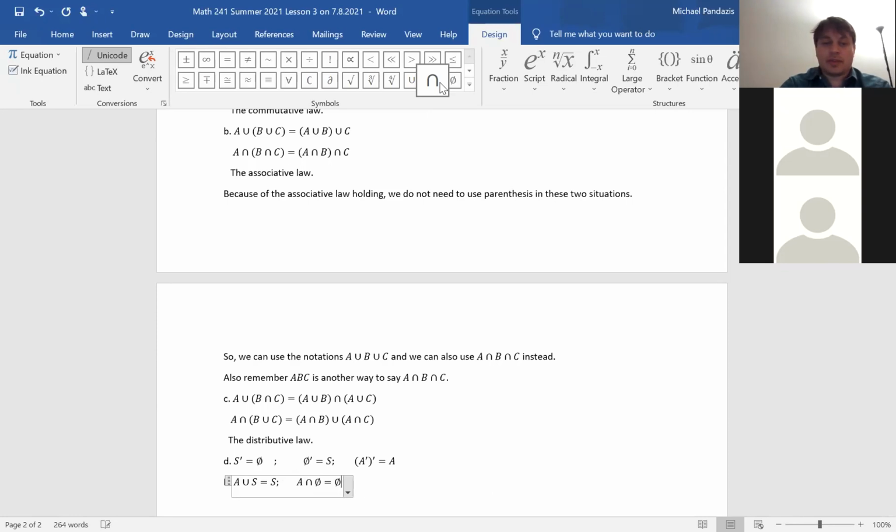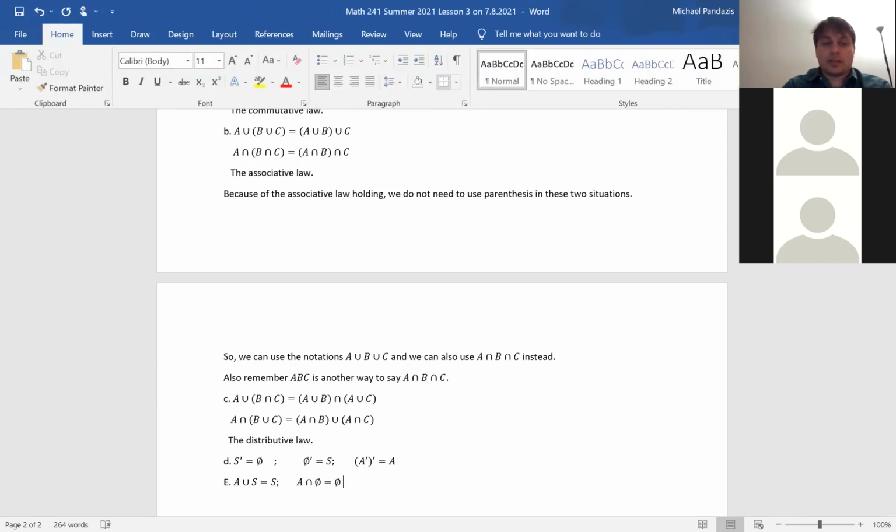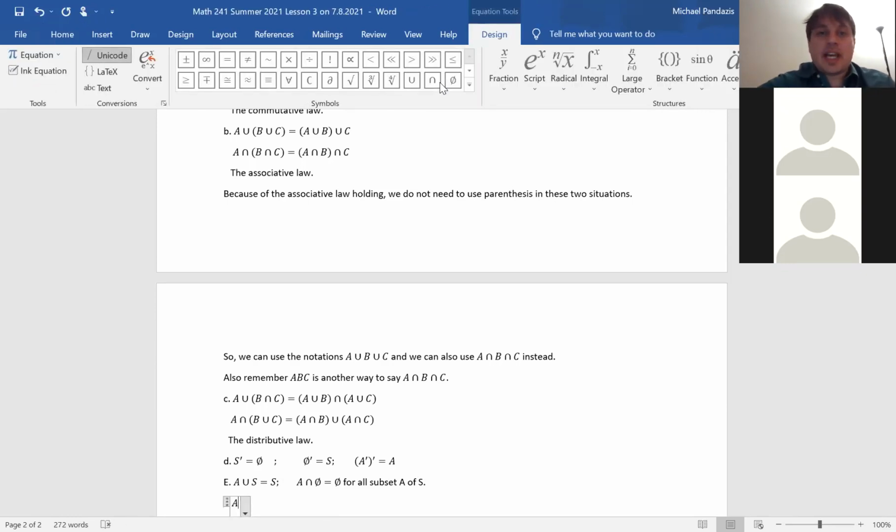And this is for all subsets A of capital S. F: if you take a set A and you union it with its complement, you get the entire universal set S. If you take a set A and you intersect it with its complement, you end up with the empty set.